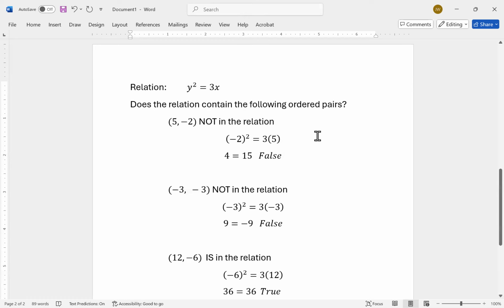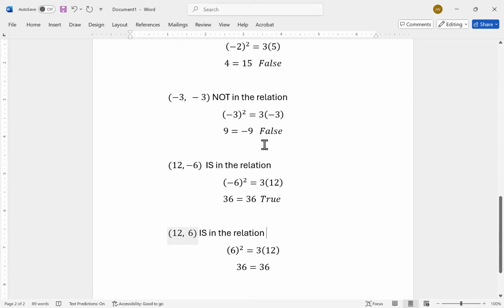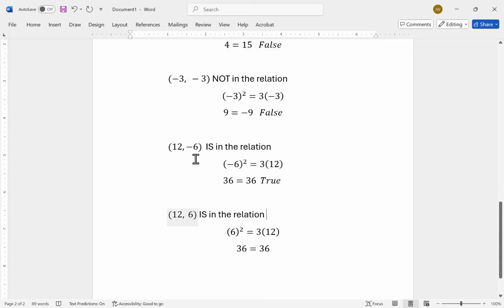Now, in general, this is how it goes. Plugging an ordered pair in, if it gives you a false answer, then that ordered pair is not in the relation. If it gives you a true answer, that ordered pair is in the relation.